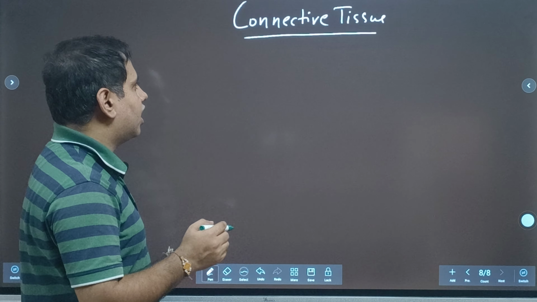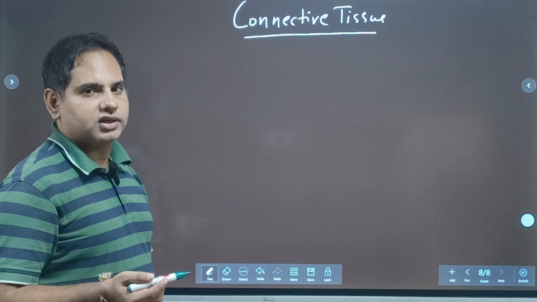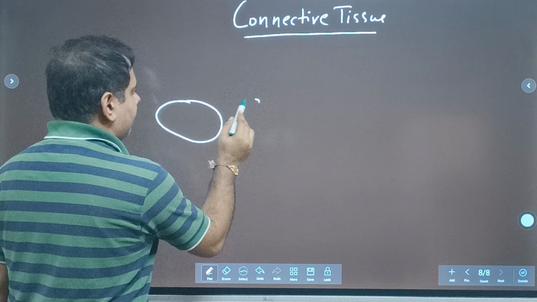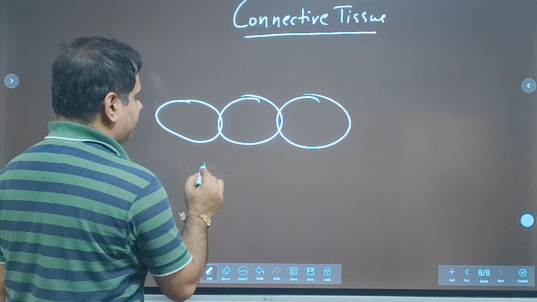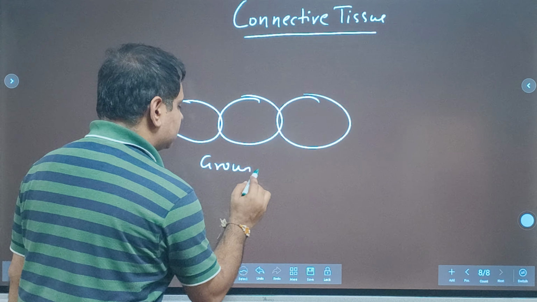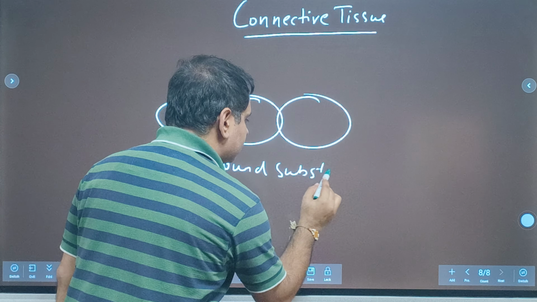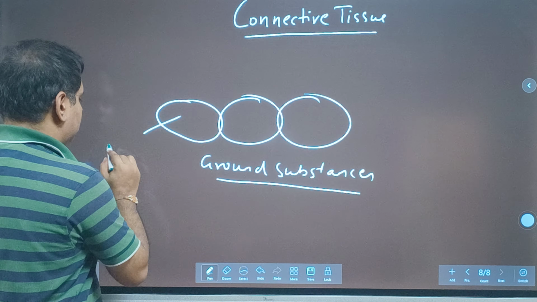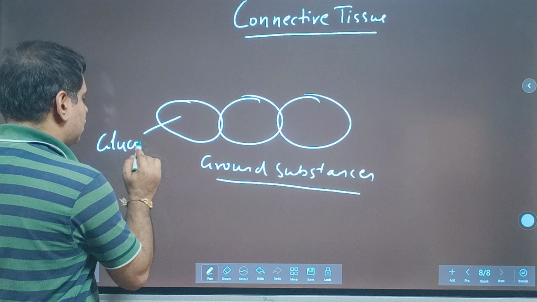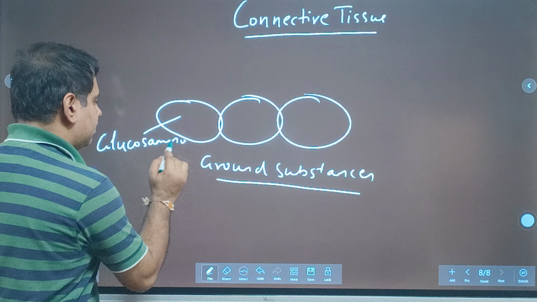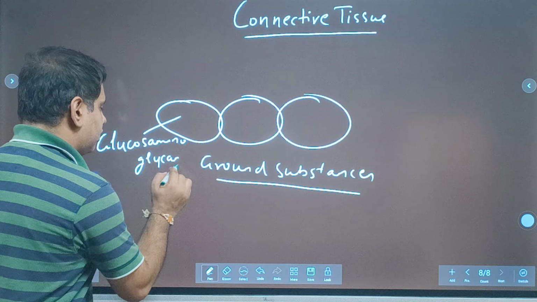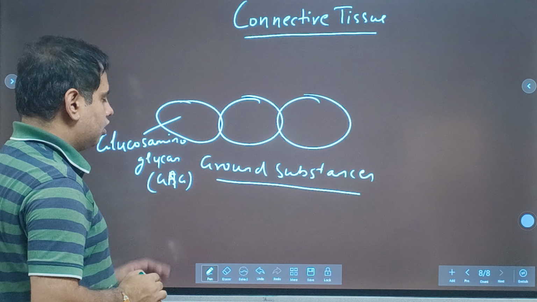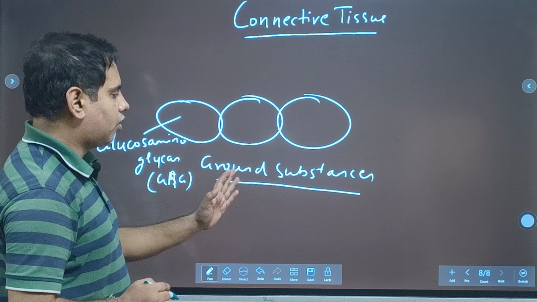Connective tissue, again, is a group of cells together. If you look at connective tissues, they have ground substances. The ground substances are glucosaminoglycan, GAG, which is one of the ground substances.